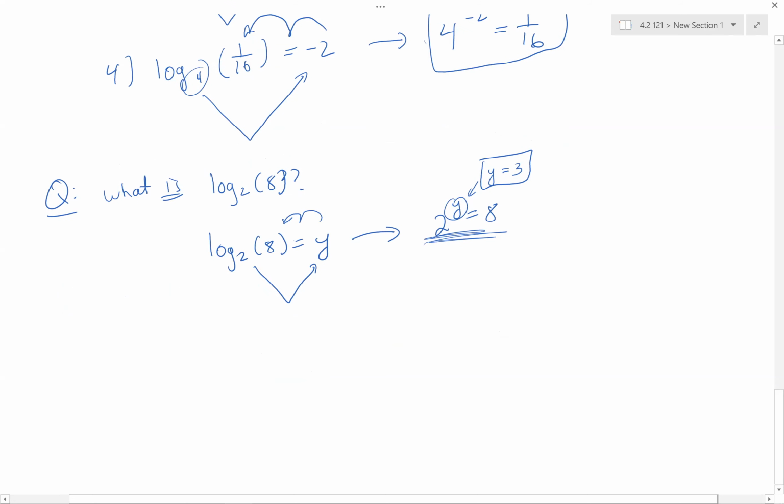And it turns out if there's one solution, that's the only solution, for exponential functions like this. So y is equal to 3 because 2 to the third is equal to 8. So log base 2 of 8 is equal to 3. That is how we're going to approach evaluating these functions.